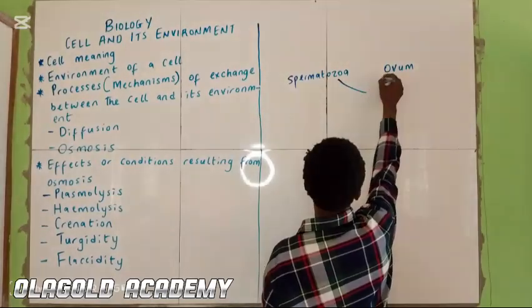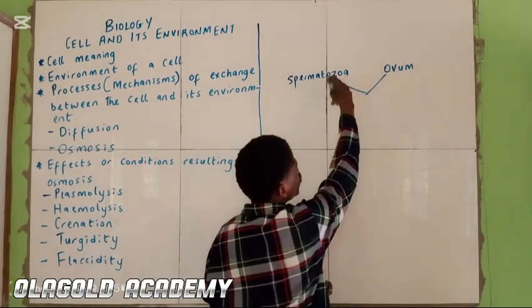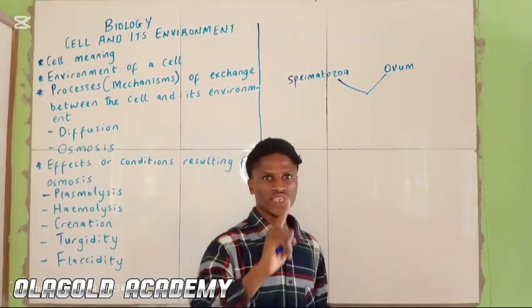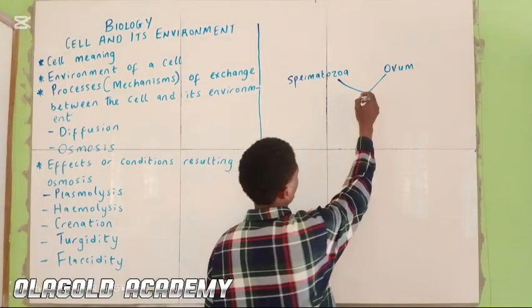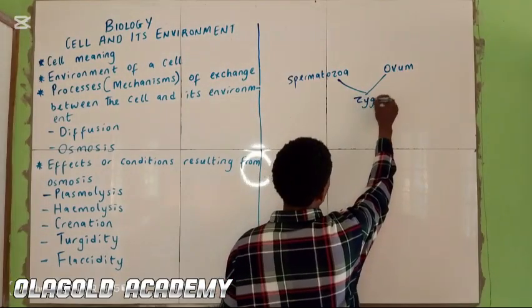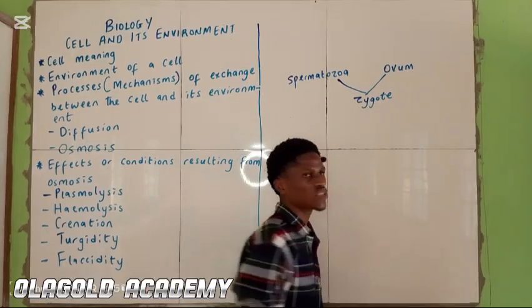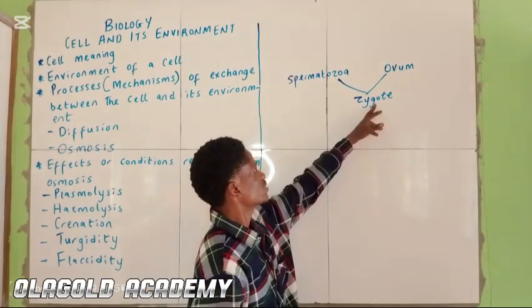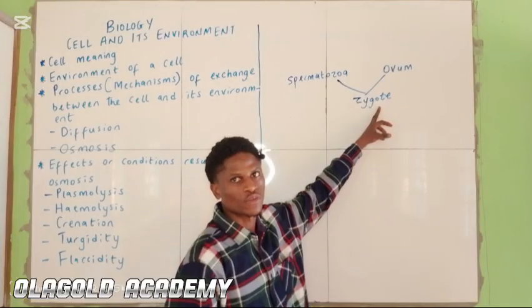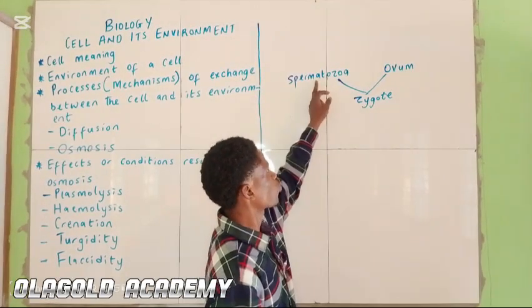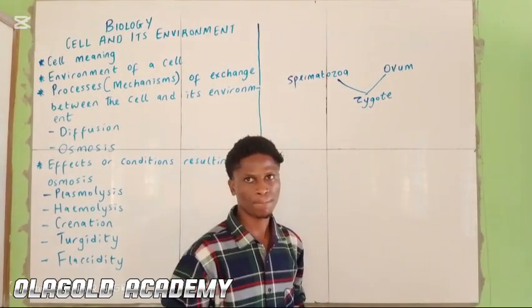Now, when these two cells combine, a cell is formed, referred to as the zygote. So, zygote is a kind of fertilized cell from the spermatozoa and the ovum.